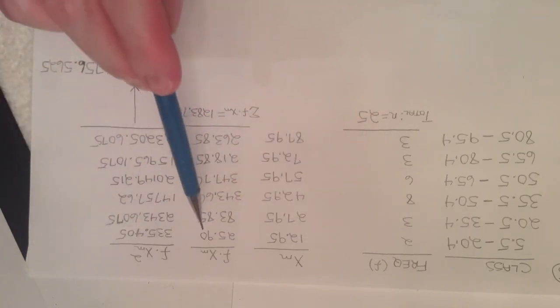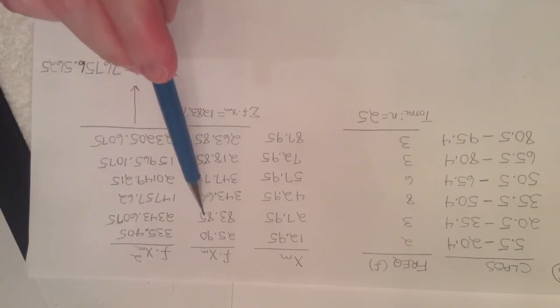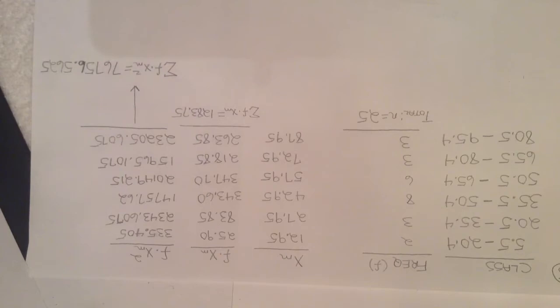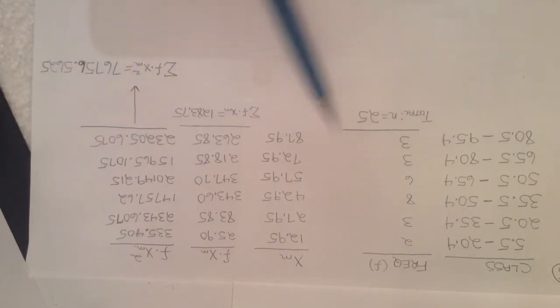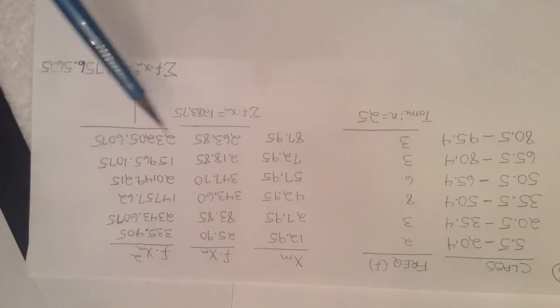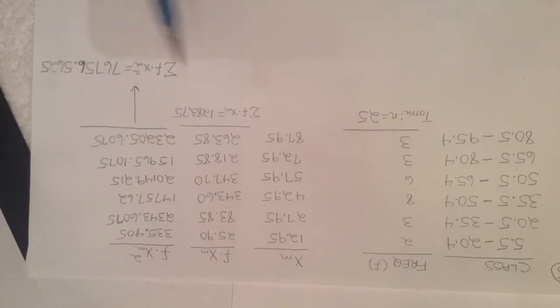So we have 25.90 for the first class, second class 83.85, third class 343.60. Then we have all the way up to the last class, so you have 3 times 87.95. That product is 263.85. So you had the sum of the products of the frequencies and the midpoints at 1283.75 if we carry out to the last decimal place.